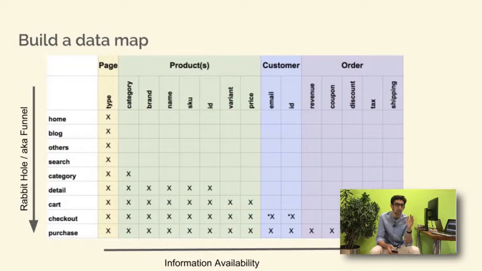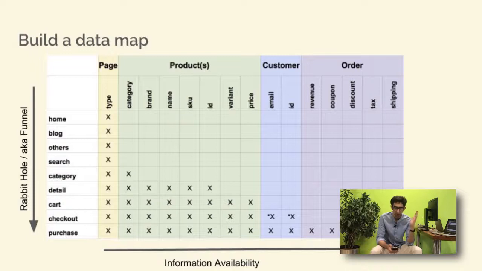It's also an exercise in validating the technical effort in doing something like this, right? So the idea is that if you have multiple platforms, or if you're working on your platform, you can ask your developers and involve them in this exercise to figure out what information would be available at what point, and how easy it is to get that information.